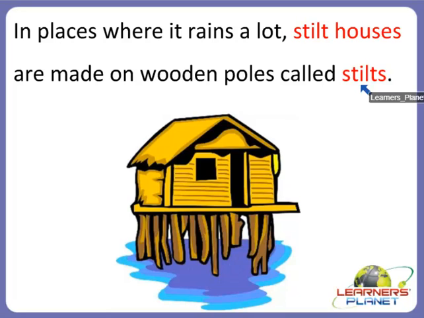So children, this is an example of a stilt house. A stilt house is present in water, or we can say it is half in the water or has only water. So they are called stilt houses.